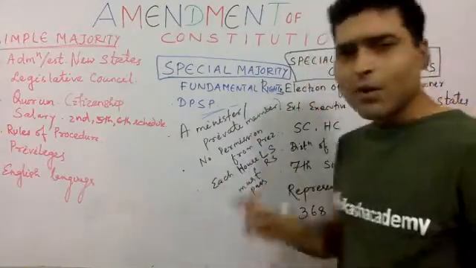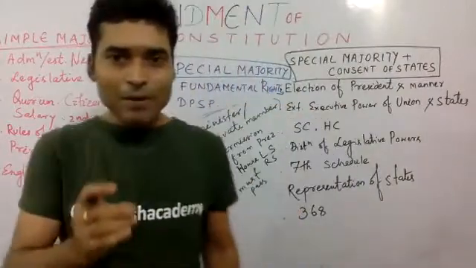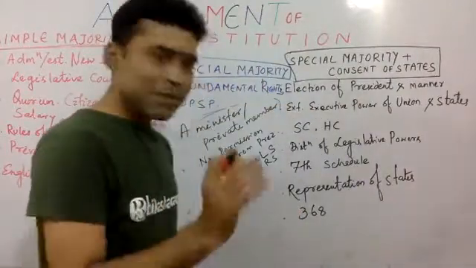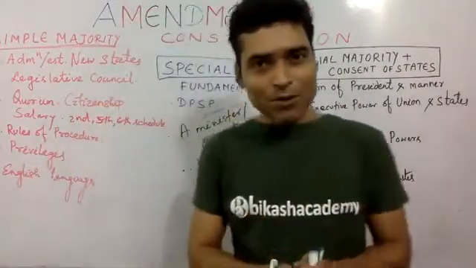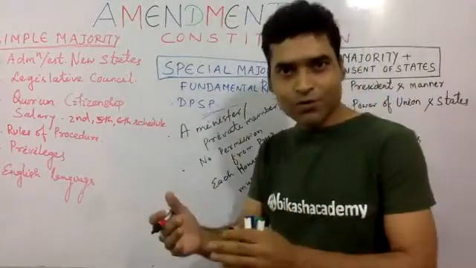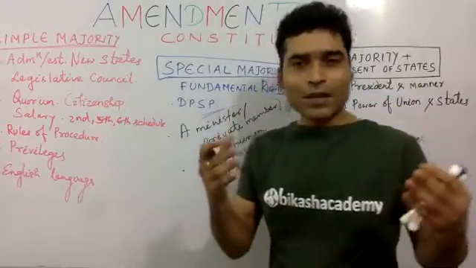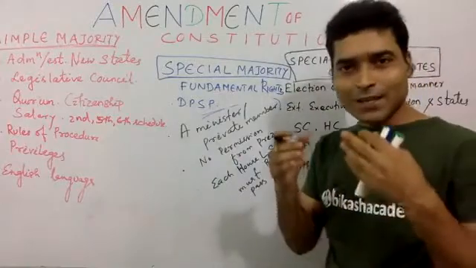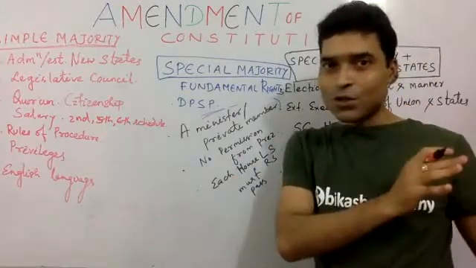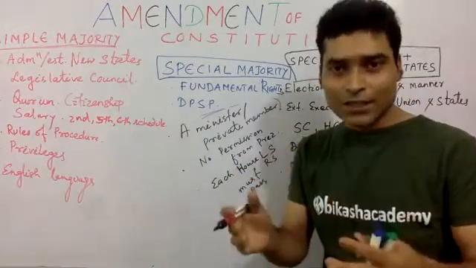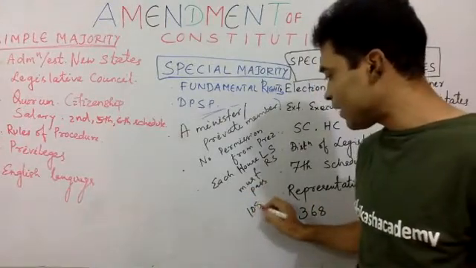After that, one important piece of information regarding the amendment procedure: normally, whenever there is a dispute or disagreement between Lok Sabha and Rajya Sabha, there is a joint sitting under Article 108.